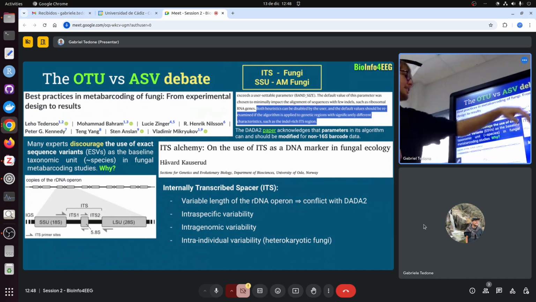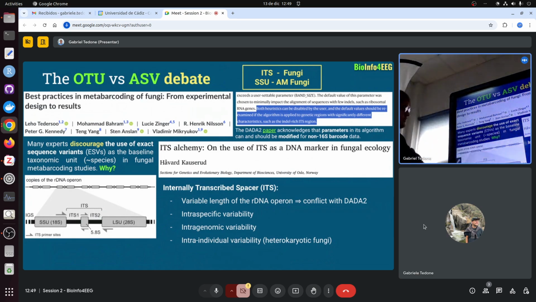ITS is these regions here. The small subunit of the ribosomal RNA in prokaryotes and bacteria is 16S, and in eukaryotes we use 18S. These regions are more variable than 16S.